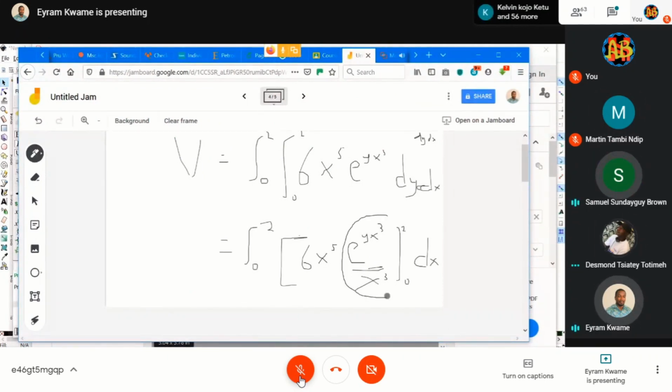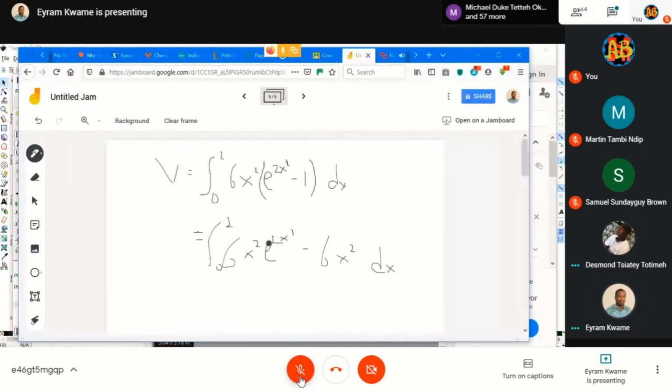What I am circling. How did I get it? The s cancels s squared from the 6s. If you get it, can I move on? Yes, sir. Good.